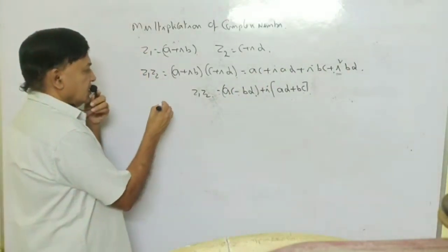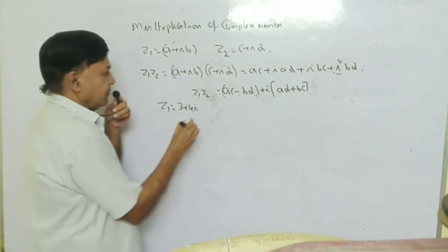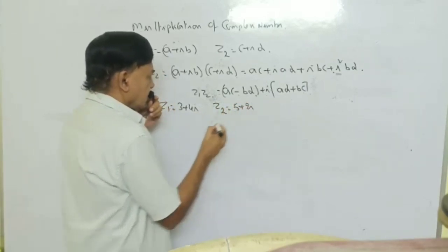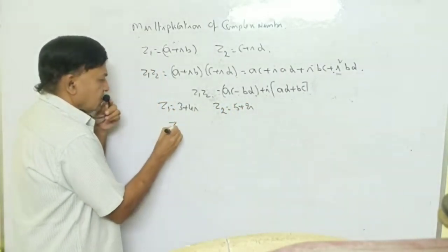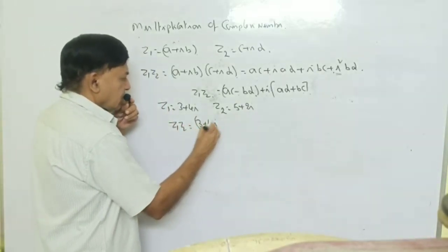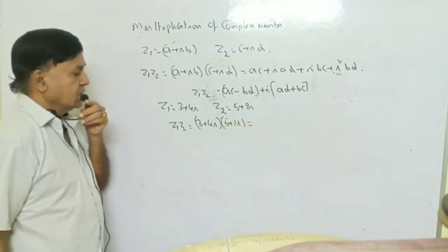We will do one numerical example. Z1 is equal to 3 plus 4i, Z2 is equal to 5 plus 2i. Z1 into Z2 means (3 plus 4i) into (5 plus 2i).